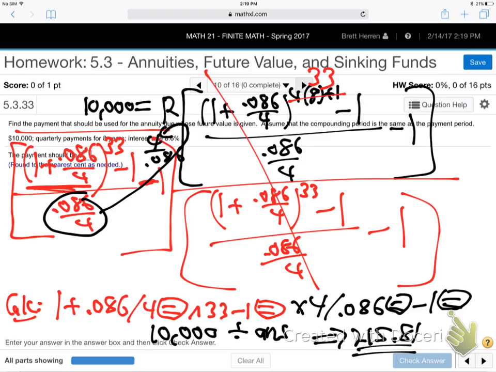That's where I hit equals, and then flip this up and go times 4 divided by 0.086, and then after that, equals and -1. That last -1 is after the flip up, because the flip up is part of the fraction, isn't it? Everybody see that? And then the 10,000 divided by answer. 215.81, we getting that?